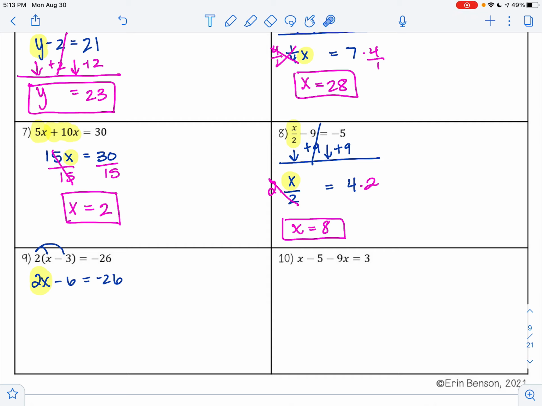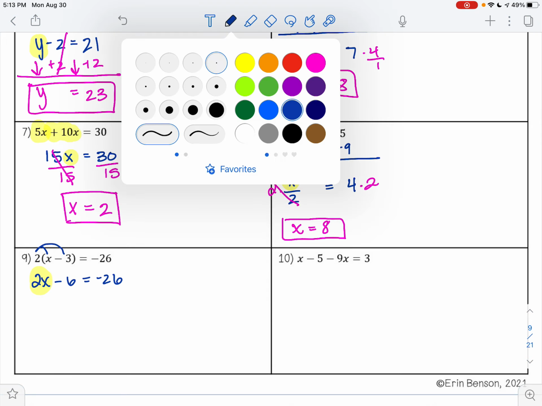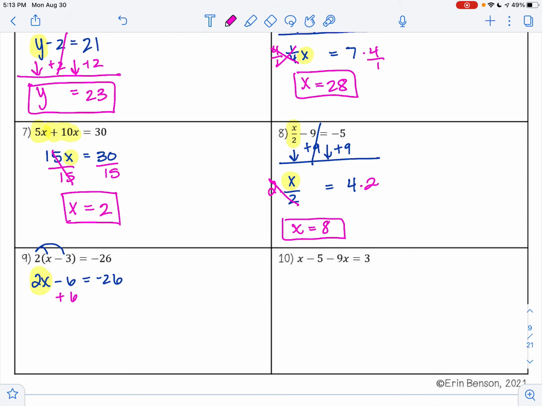Right now, we are subtracting 6 from 2x. What is the opposite of subtraction? Addition. So you're going to add 6 to both sides. And so I'll have 2x. Negative 6 plus 6 is 0. I'm going to bring down my equal sign. 26 plus 6 is 32.